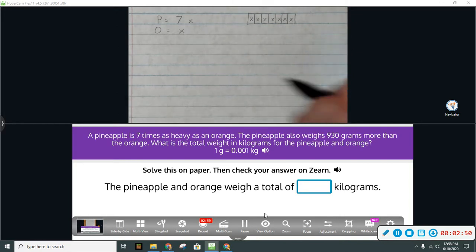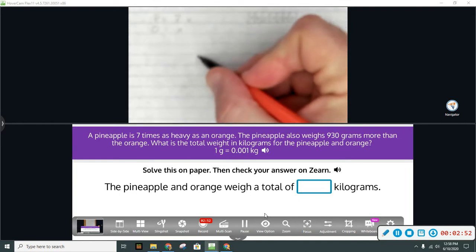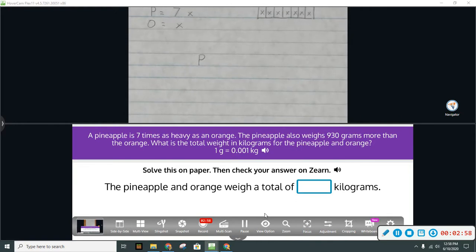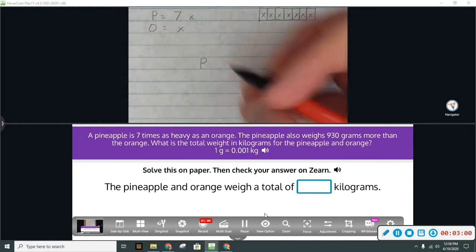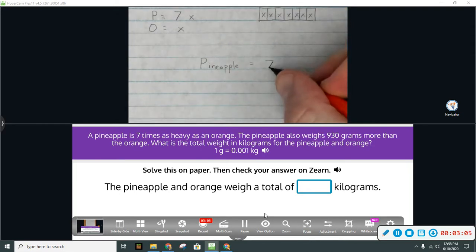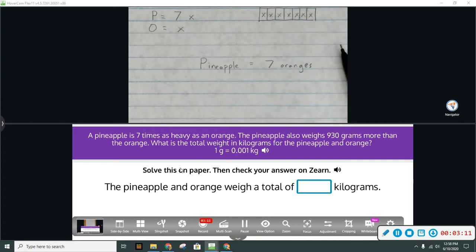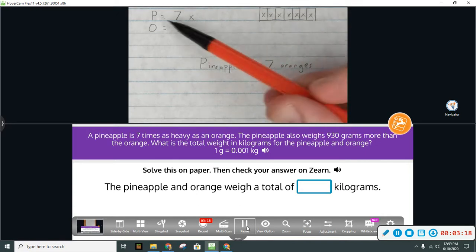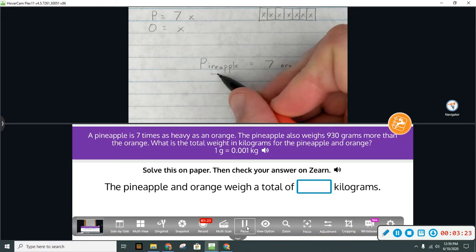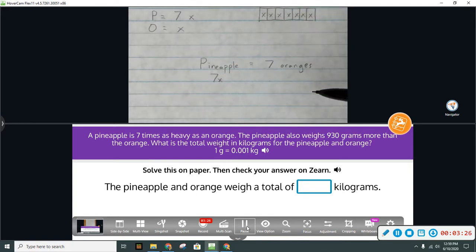We know that the pineapple is the same as 7 oranges. The pineapple is equal to 7 oranges. Okay, so I'm going to change pineapple to 7x. That's what we had up here, right?